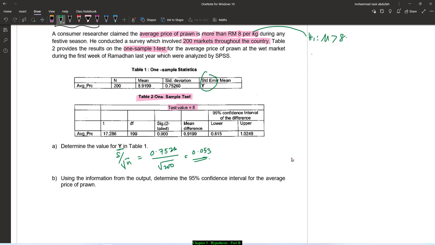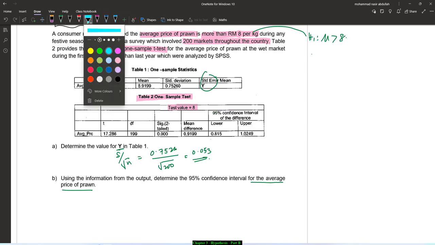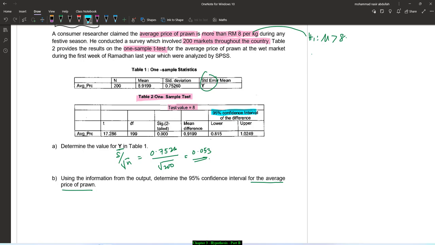Everyone gets the same, right? So using the information from the output, determine the confidence interval for the average price of prawn. The value that we have here in the table is the 95% confidence interval of the difference. So what they want is the 95% confidence interval for the average price.